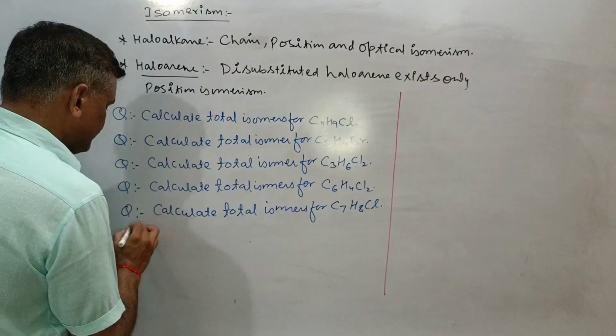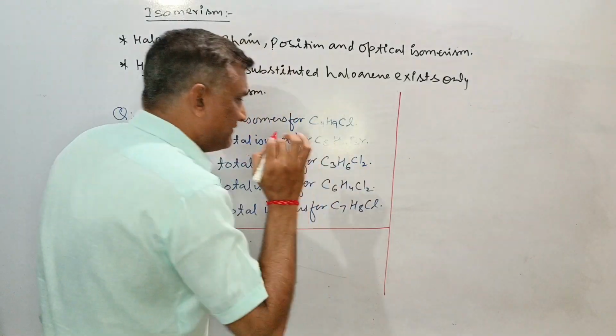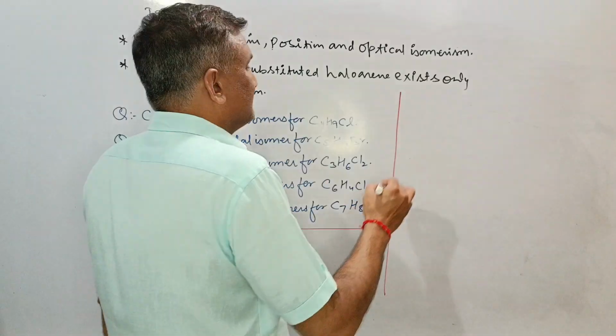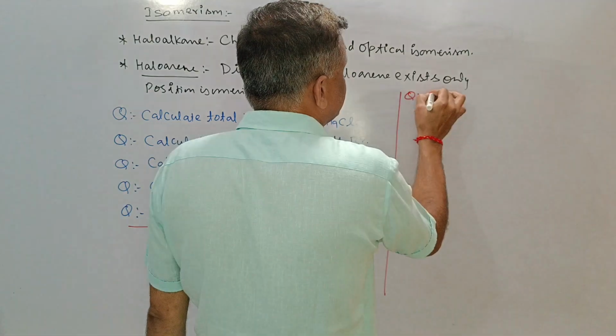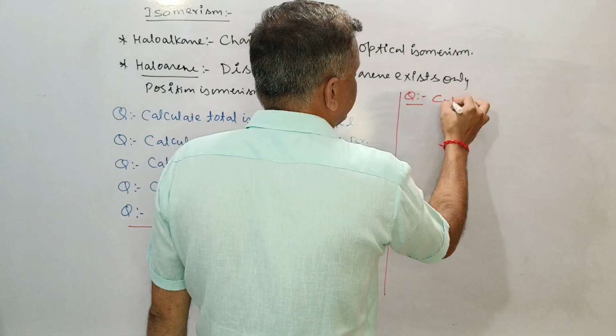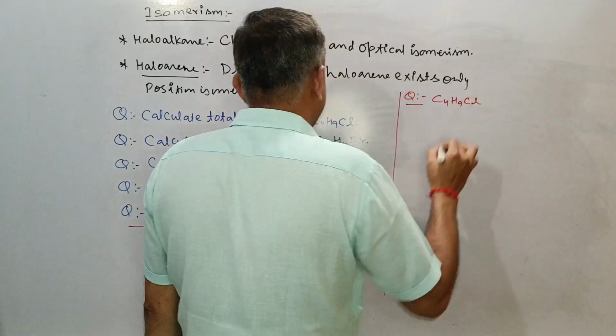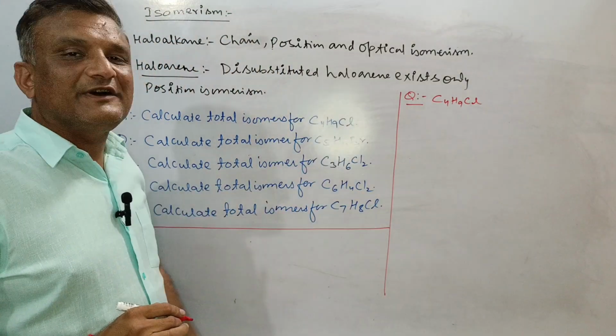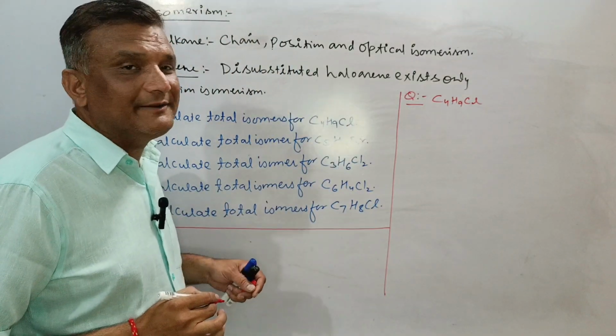If you go with the first question, C4H9Cl, there is one halogen atom, so it will be a mono haloalkane.